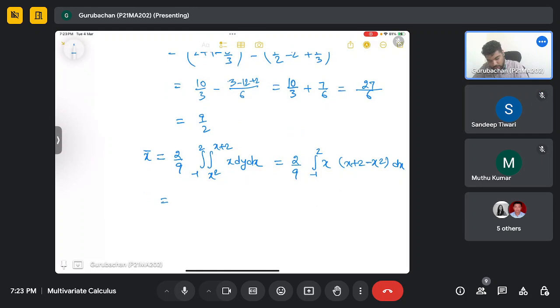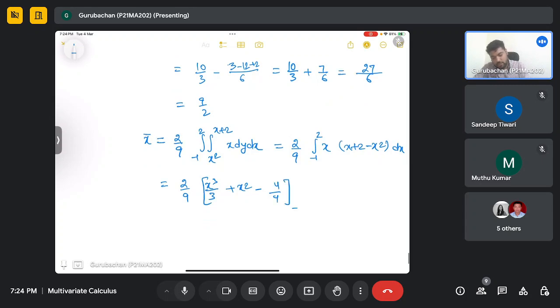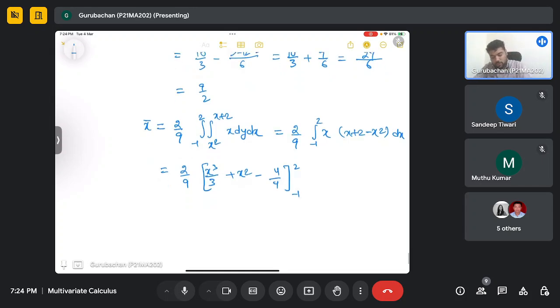So this will be 2 by 9 of x cube divided by 3 plus x square minus x to the power 4 by 4, from minus 1 to 2. After solving this, you will get the value 1 by 2.